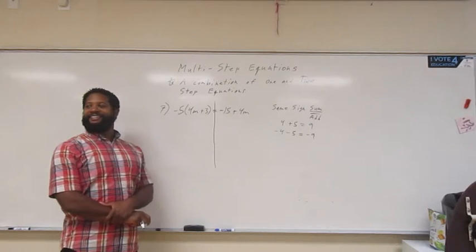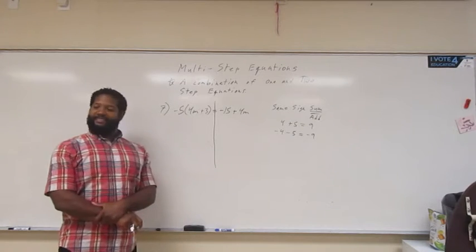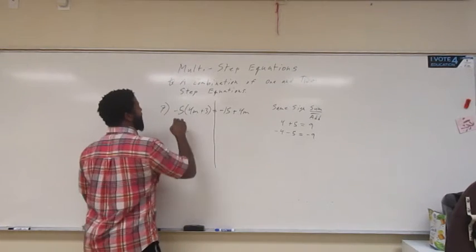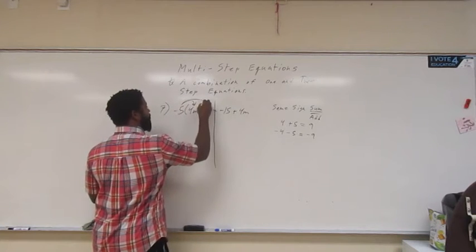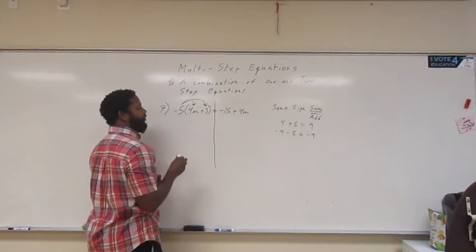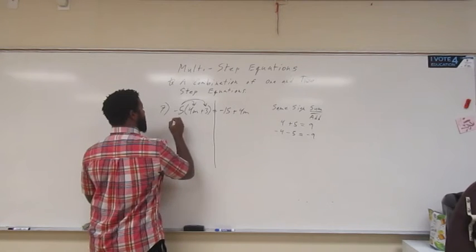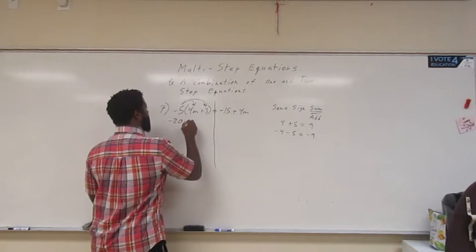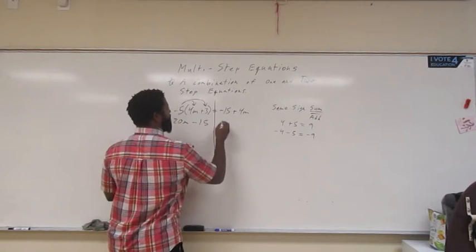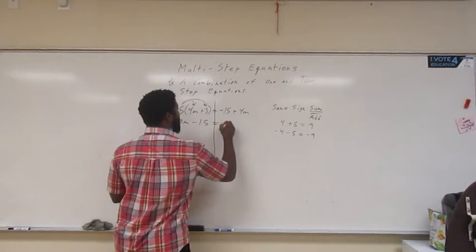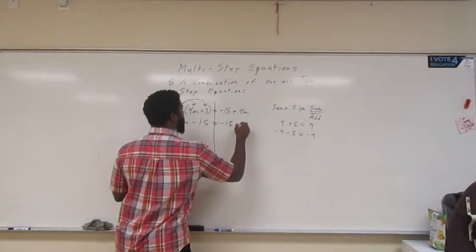Alright, now we do the distribution with the -5 to all of them. Okay, so -5 times 4m is what? -20m. -5 times 3 is what? -15. Is equal to -15 plus 4m.